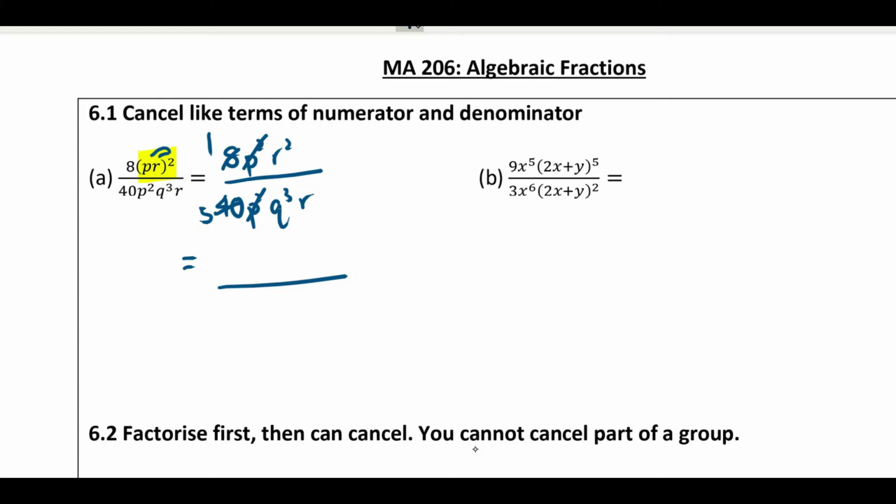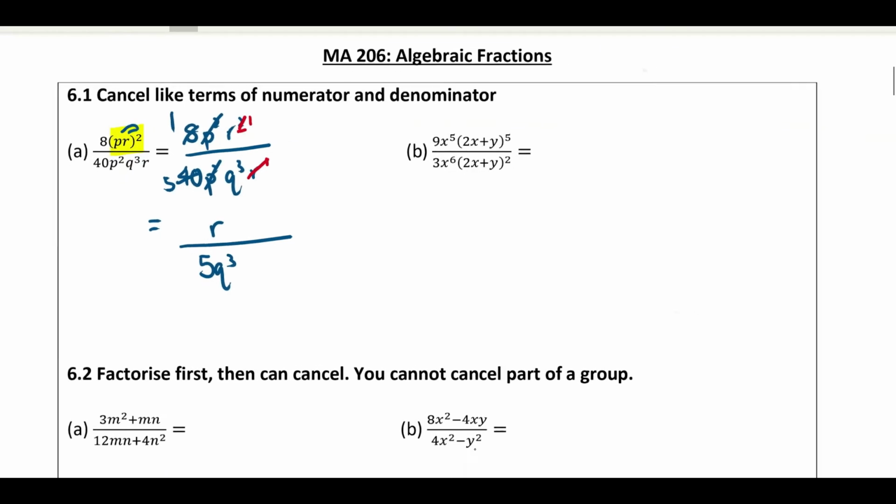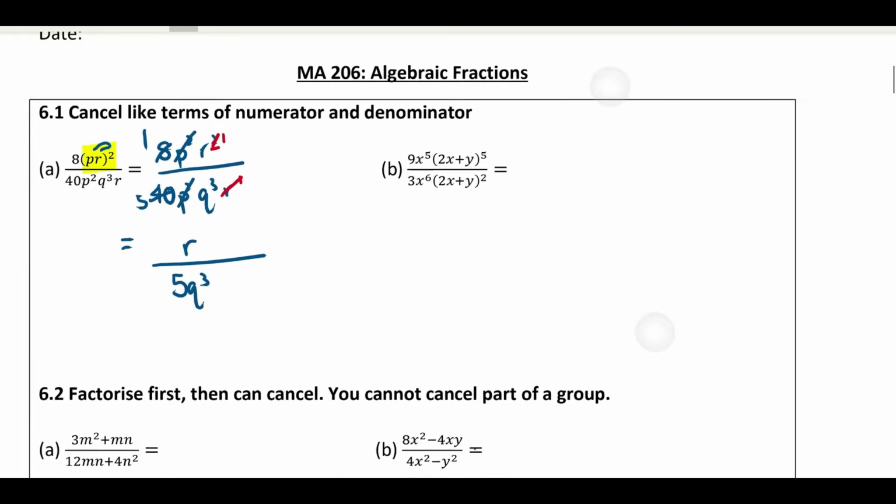Now for r, you have square here, and anything that doesn't have a number has an invisible power 1. So we take away one of them, 2 take away 1, left with 1. But the 1 we actually don't write. So what is left in the numerator? Just r, over 5q. So this is how we cancel the terms for numerator and denominator.